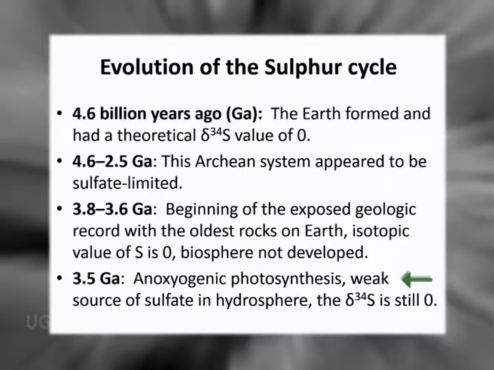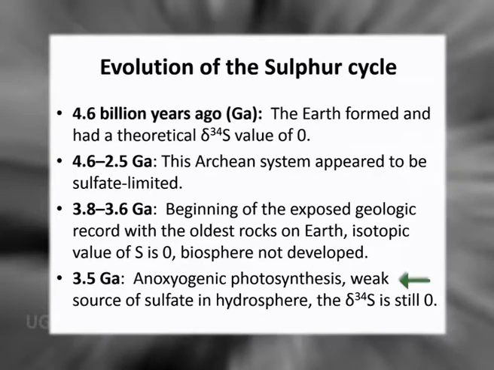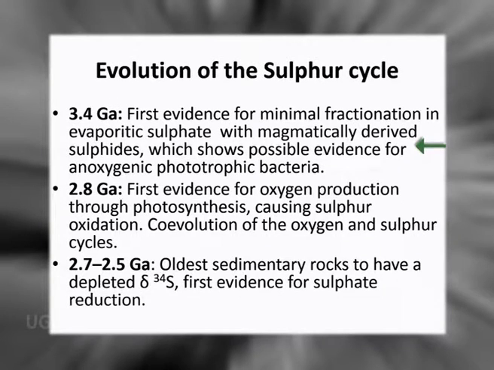But it was around 3.5 billion years ago that anoxygenic photosynthesis resulted in the production of some sulfate in the hydrosphere. But even at that time, the radioactive sulfur, S34, was 0. It was around 3.4 billion years ago that there was some fractionation with the conversion of sulfate to sulfide.